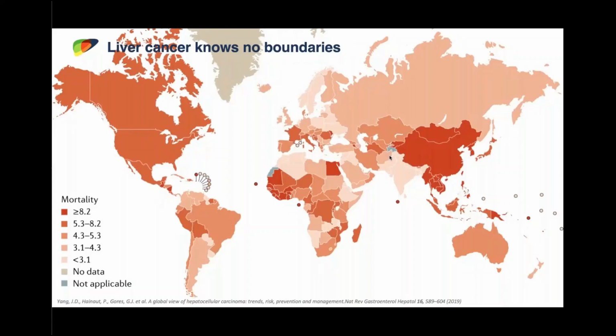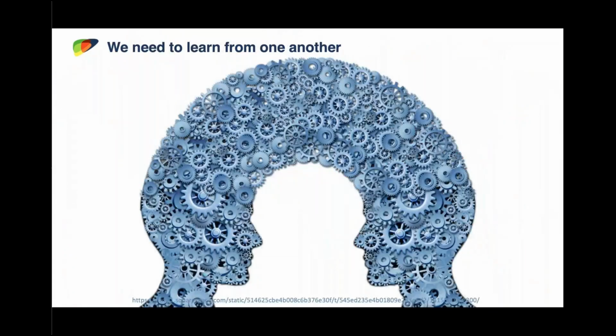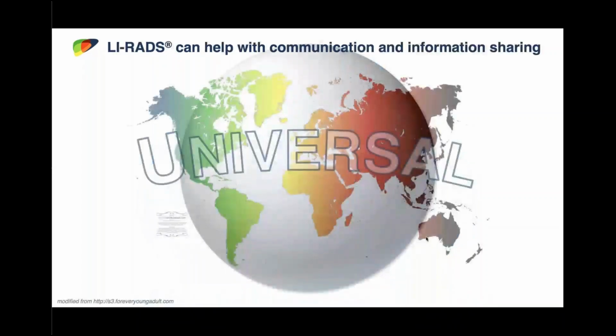Every country is affected by liver cancer, and we need to learn from each other. And notice that when we learn from each other, the communication has to go in both directions. So the teacher is the student, and the student is the teacher, and we have to teach one another both within societies as well as internationally.